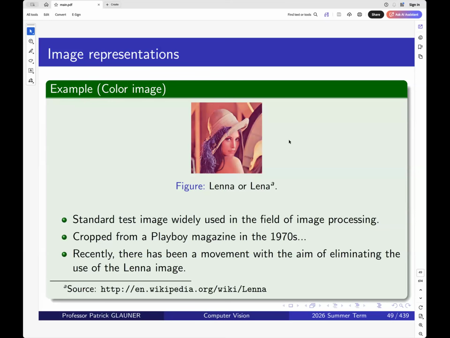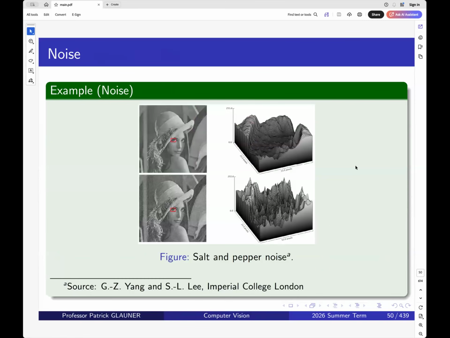But we don't care about what the whole image looks like. There are other resources you can look at if you're curious, but it doesn't matter here. I just wanted to briefly mention the history of where this image comes from. For many years I didn't know where it actually came from. I only knew this face and only learned many years later that it's actually from this magazine. But yeah, that's the history of this Lena image.